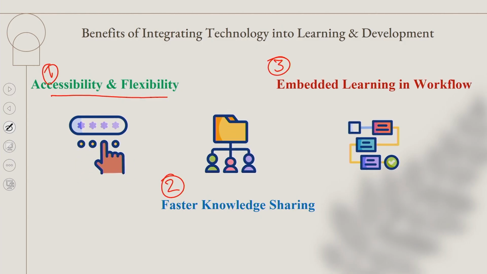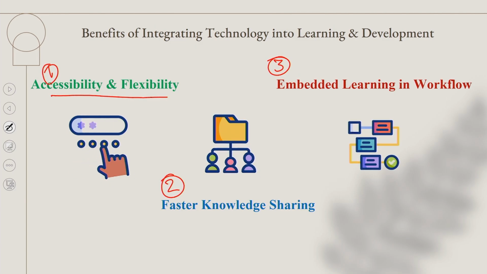Technologies like micro-learning apps, digital checklists, or let's say performance support tools, deliver content at the point of need. So what does it give us? It reinforces the training in real time. It increases retention by contextualizing the learning, and not to forget, it reduces the interruption to productivity.